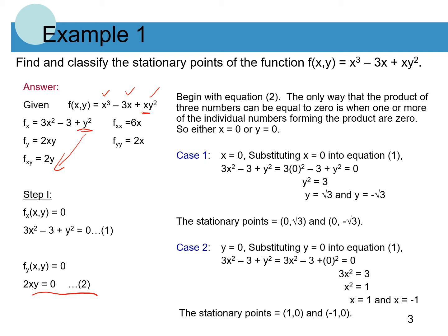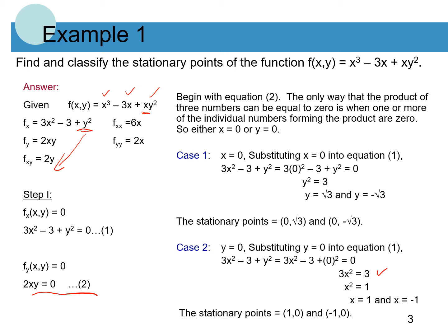In the second case, if y is equal to 0, then we substitute y equal to 0 into equation 1. Therefore, we have 3x squared minus 3 plus 0 squared equal to 0, so 3x squared equals 3. Then we solve x squared is equal to 1.